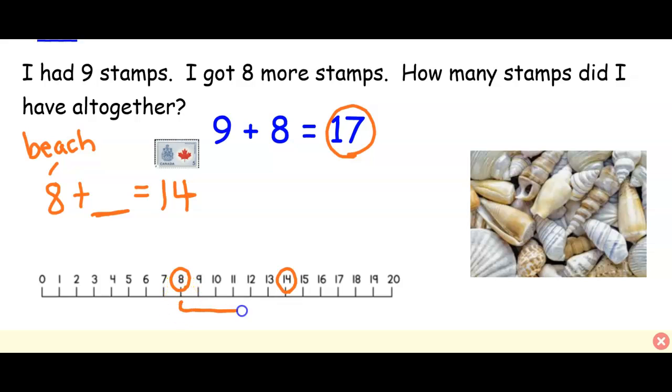This number should tell us how many children are gathering shells in the water. So let's count 1, 2, 3, 4, 5, 6. 6 children are gathering shells in the water. So 8 plus 6 equals 14. Those are 2 strategies for figuring out missing parts.